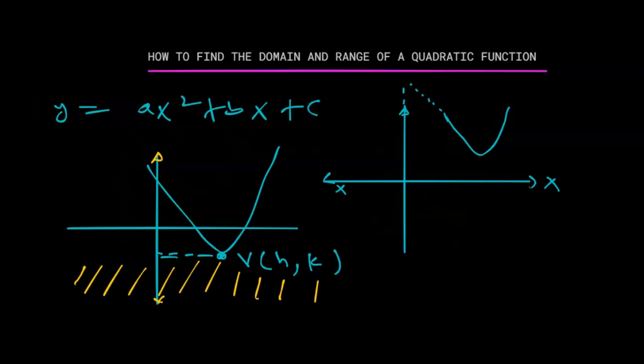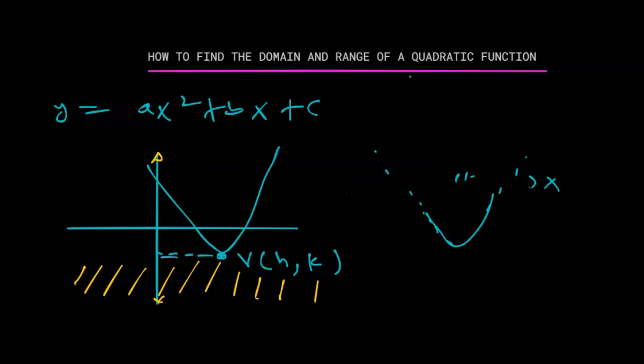If the curve happens to be somewhere there and we extend it, it will enter into the positive x region somewhere here. If the curve were to be somewhere there and we extend this, it will enter into the negative region. So wherever the curve lies, it has both negative x and positive x values.